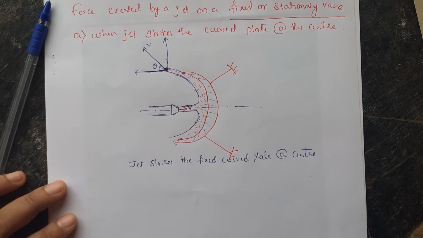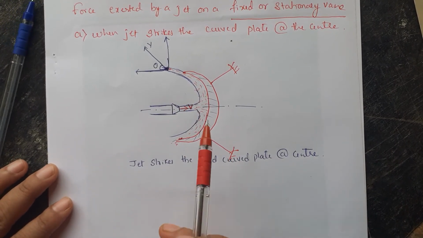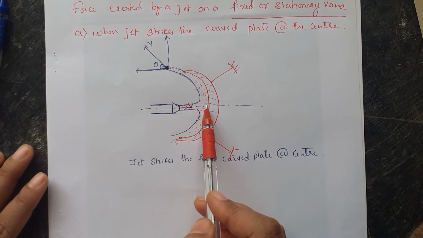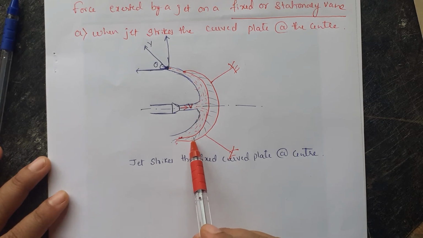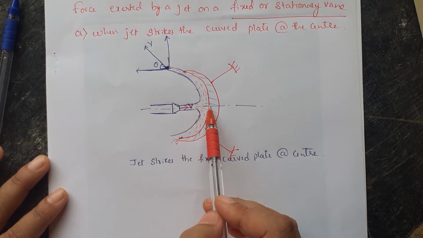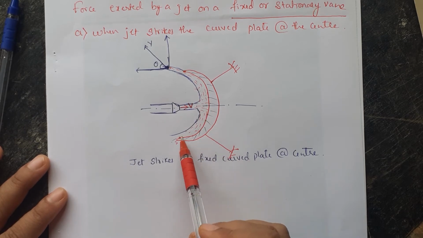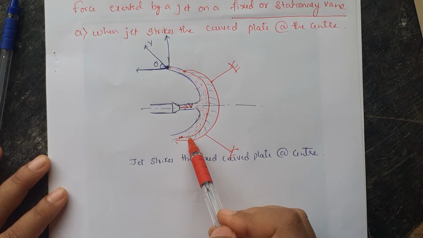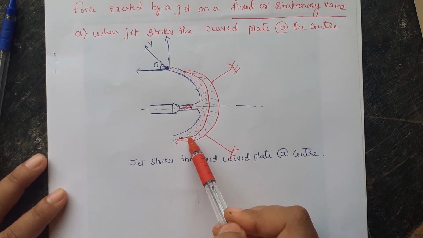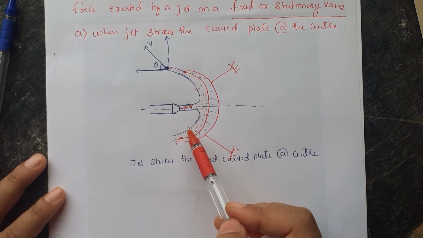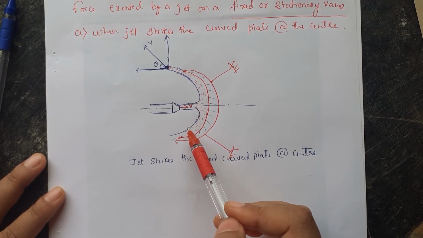Now let us consider the jet of water strikes the fixed curved plate at the center, as you can see in this figure. The jet after striking the plate comes out with some velocity if the plate is smooth, and there is no loss of energy due to the impact of jet in the tangential direction of the curved plate.